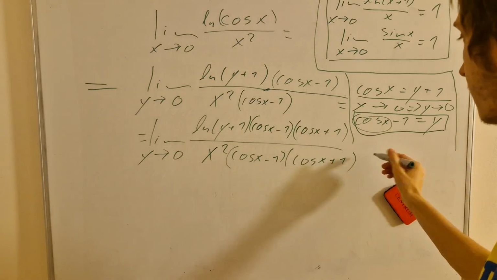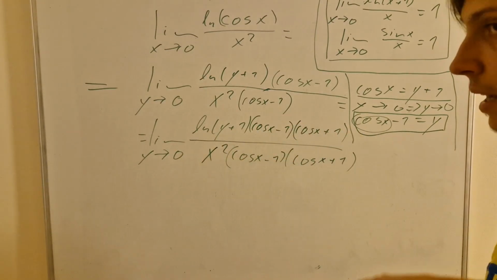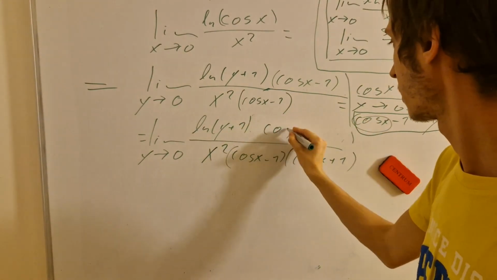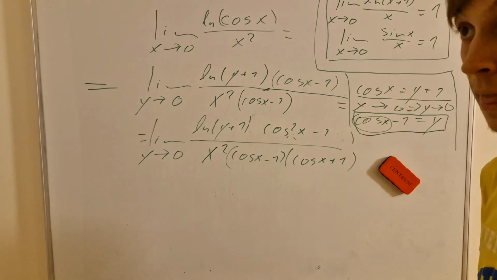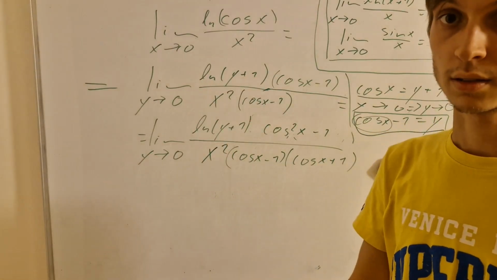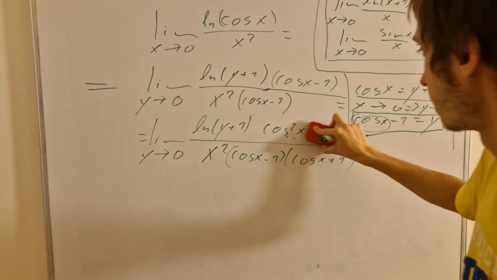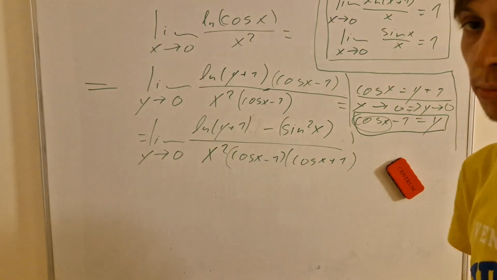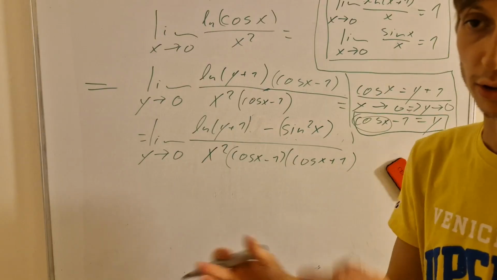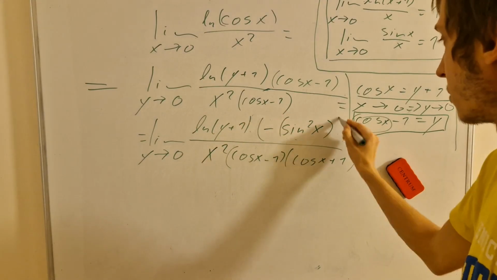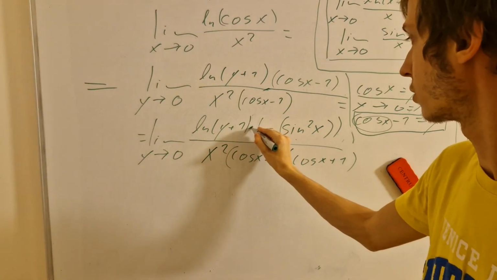So actually, not to waste more space, this is in fact cosine squared x minus 1. But cosine squared x minus 1, don't forget, 1 minus cosine squared x is sine squared x. So this is also minus sine squared x. So be careful, not sine squared x, but minus sine squared x, because the two terms are switched with minus there, multiplied by minus 1. So this is multiplication, not actually addition. So let's also be careful about that.